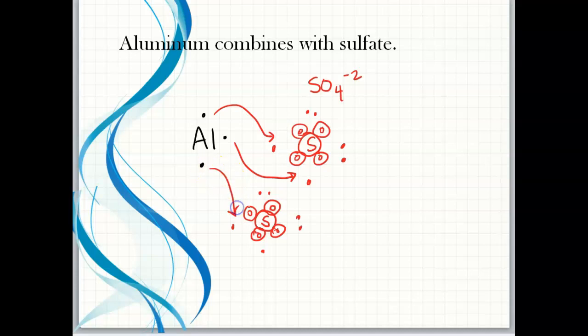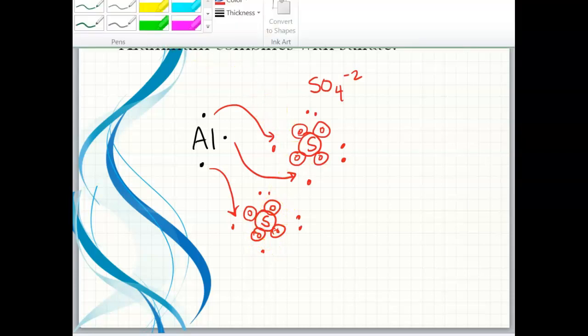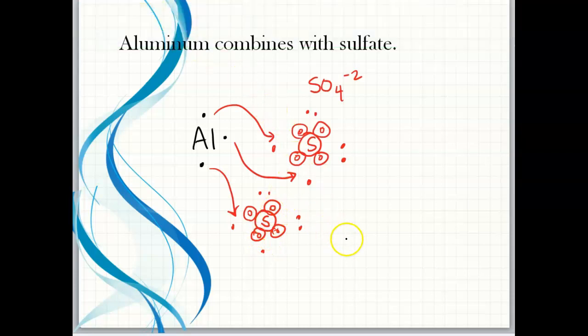And that works out fine, now aluminum has lost all of its valence electrons, but sulfate still wants to have more electrons. So we're going to give it another aluminum because aluminum wants to give its electrons away. There we go. And so now that sulfate has its last electron to make a full valence shell, but aluminum still wants to get rid of 2.